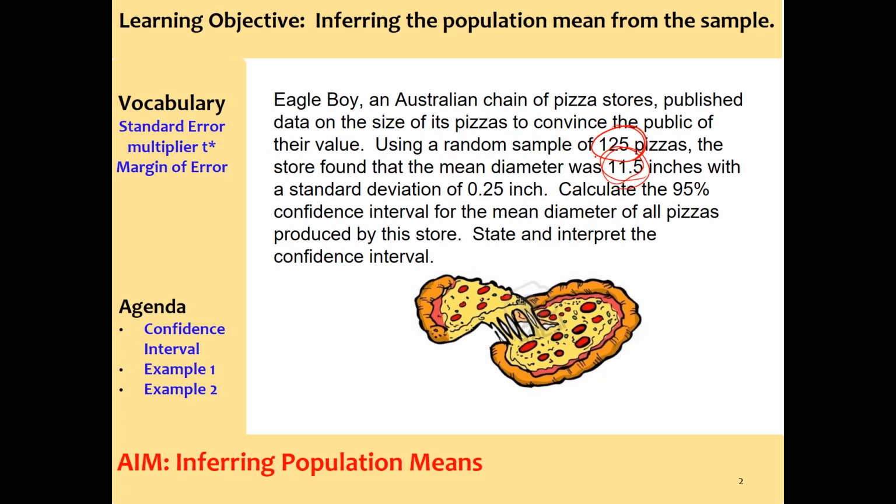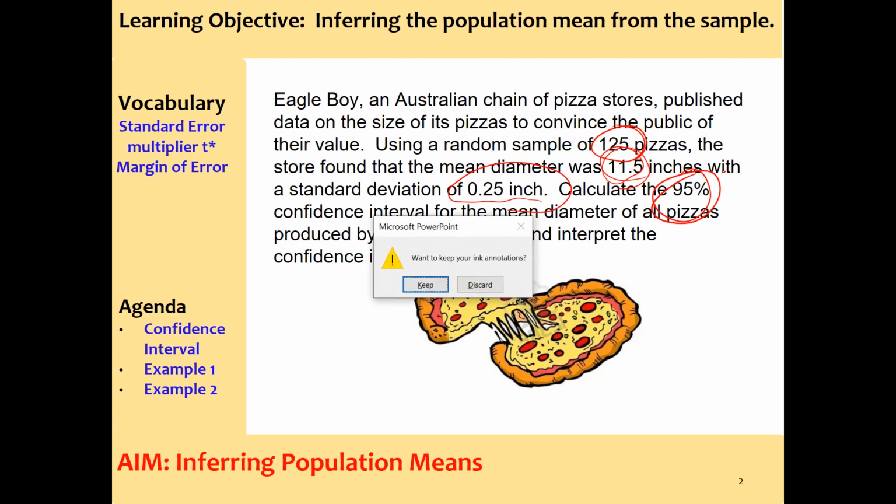So 125 is n, the sample size. 11.5 is x bar, the sample mean, with a standard deviation of 0.25. And remember, s is the symbol for when it's a statistic, where it's a sample. Calculate the 95% confidence interval, and then interpret it.